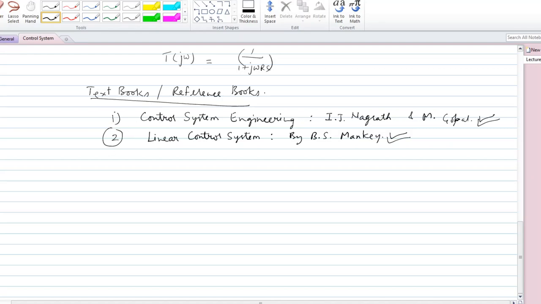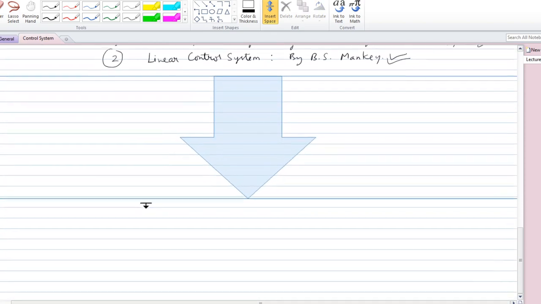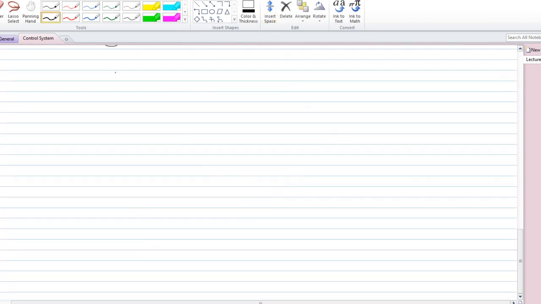Okay, now we will continue to the next topic, that is open loop control system versus closed loop control system.